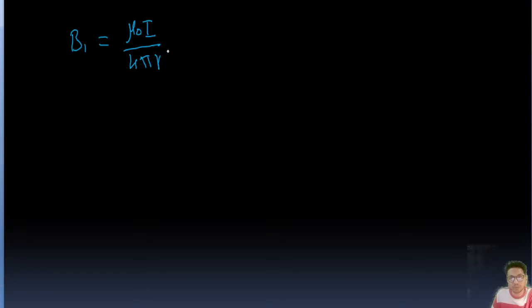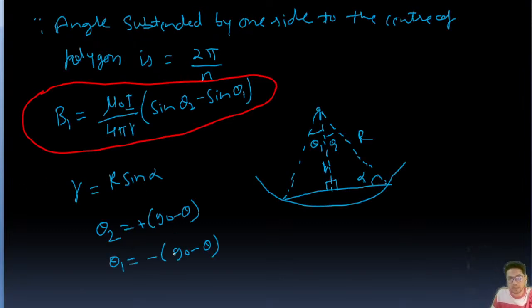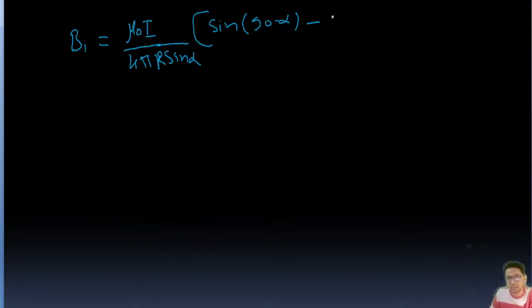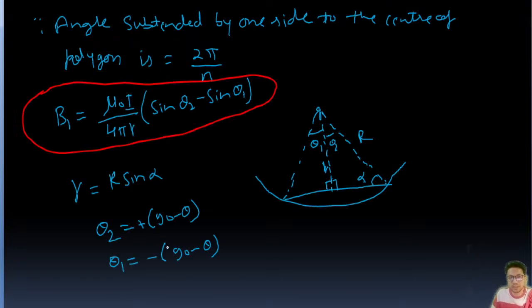So we put R sine alpha here, and then sine theta 2 is sine of (90 minus alpha), minus sine theta 1 is minus sine of minus (90 minus alpha).